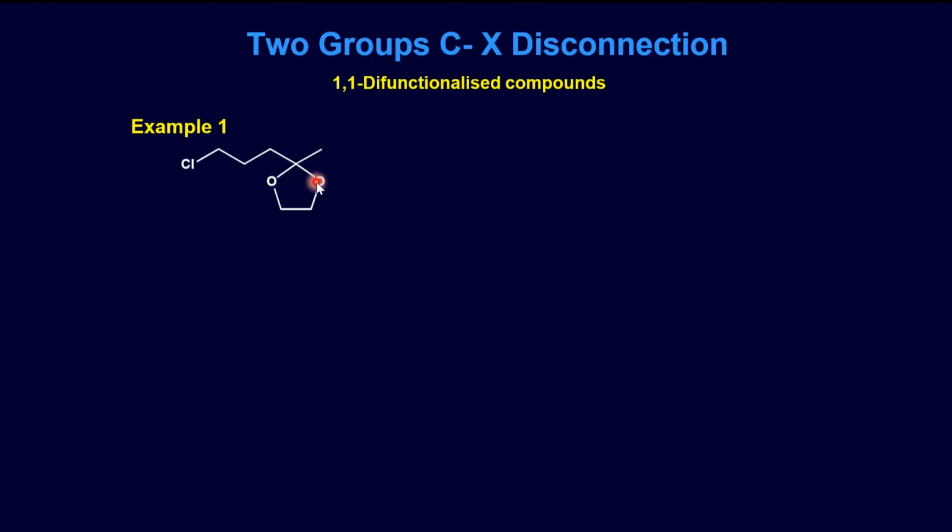This is a 1,1 difunctionalized compound. In this case also, we break the molecule over here and we also break the molecule over here. When I bracket both the points, I represent it as 1,1 dihetero disconnection, or 1,1 disconnection in the simplest form.